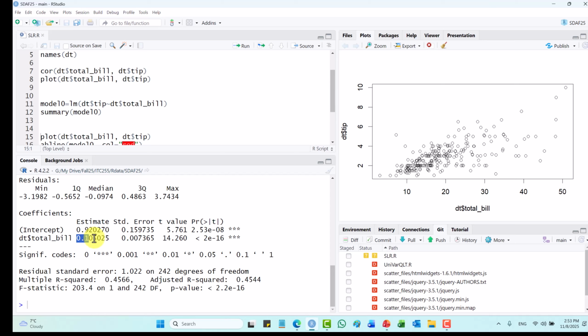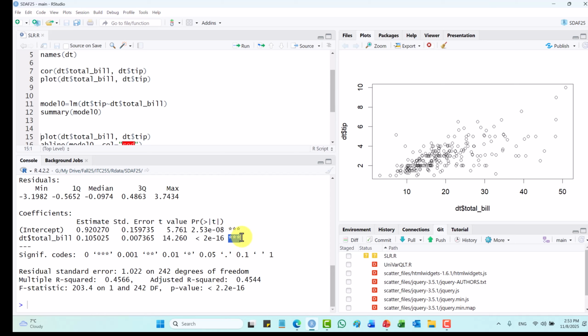And it says that on average, the tip will increase by about 10 cents for every additional dollar in total bill. And as you can see here, this is very significant because the p-value is nearly 0.